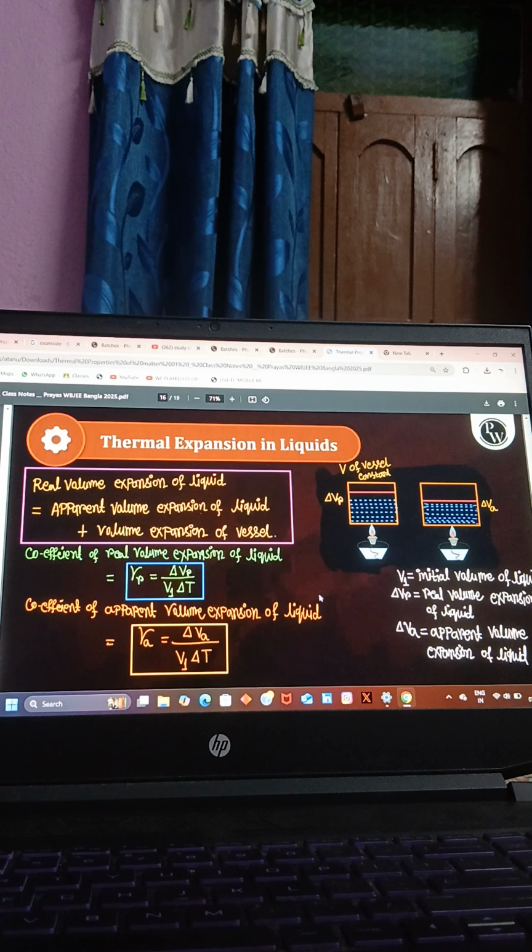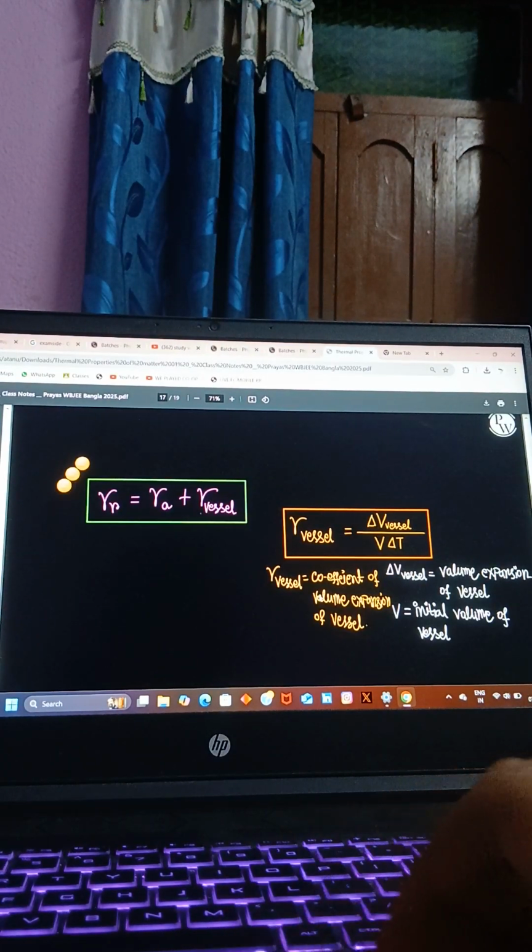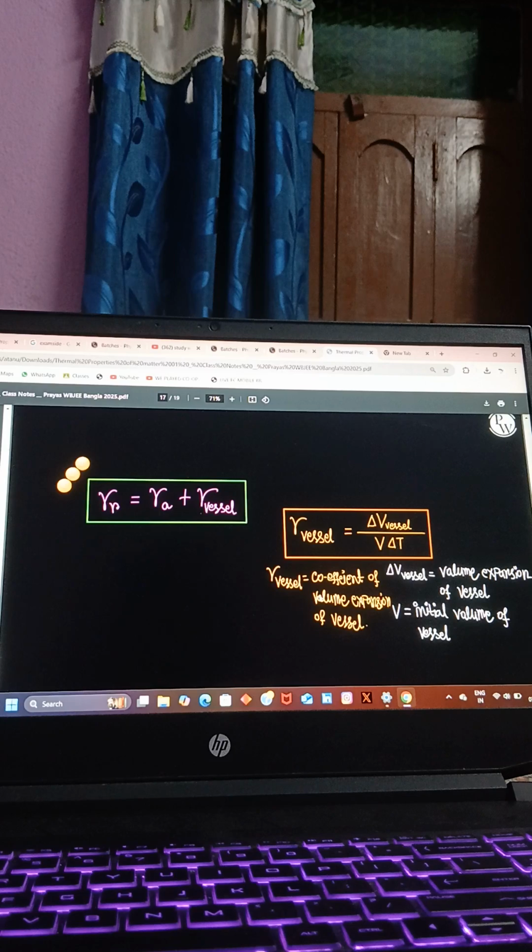The coefficient of apparent volume expansion of a liquid, gamma a, equals delta V apparent by V1 into delta T. Here V1 is the initial volume of the liquid, Vr is the real volume expansion of the liquid, and Va is the apparent volume expansion of the liquid. Gamma real equals gamma apparent plus gamma vessel. Okay.